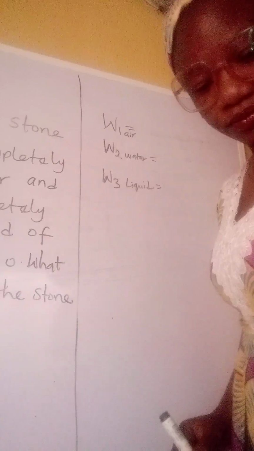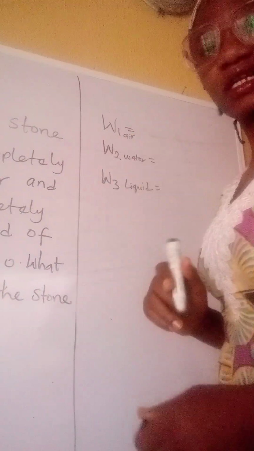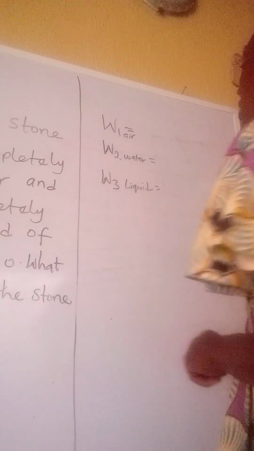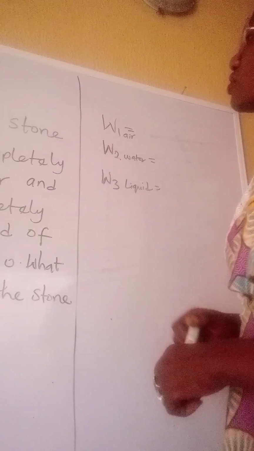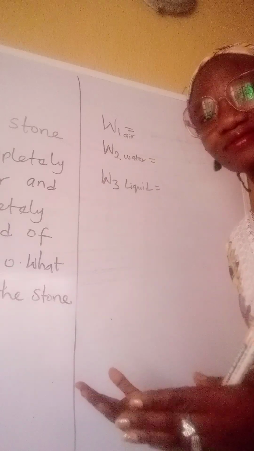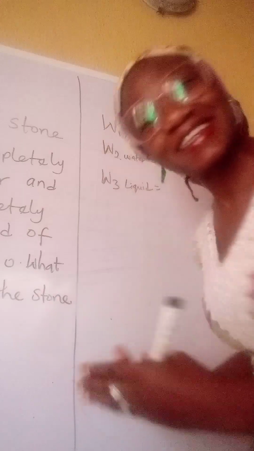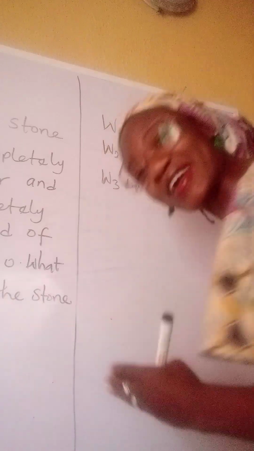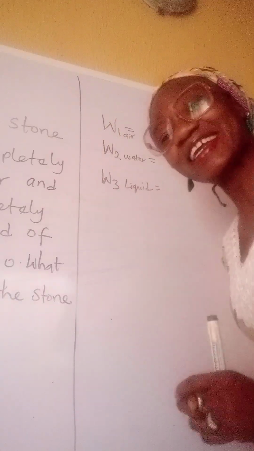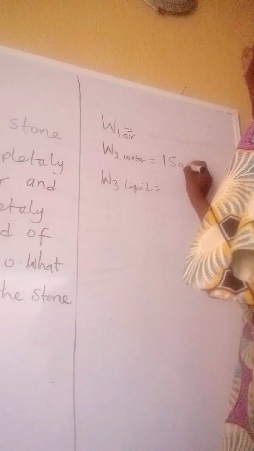I was trying to get another marker, but I think you can see what I'm doing. Water, what does water stand for? Is it W2? Is it W3? Is it W1? W2. Water is for W2. So we have W2 equals 15 grams.